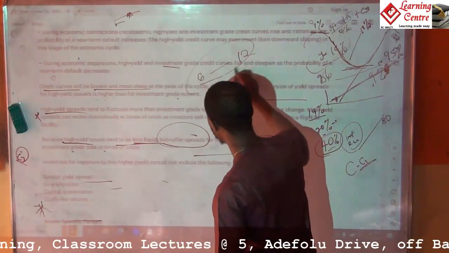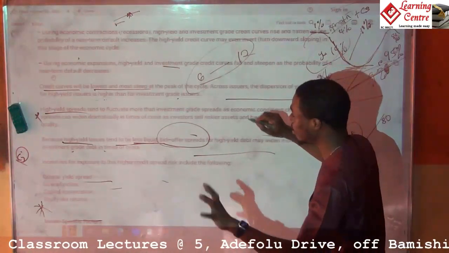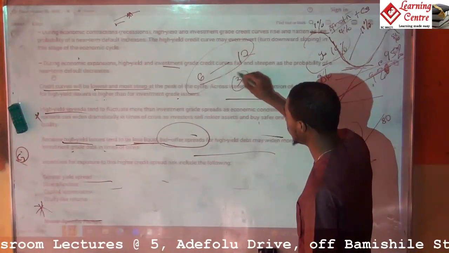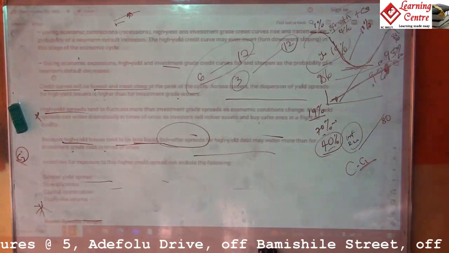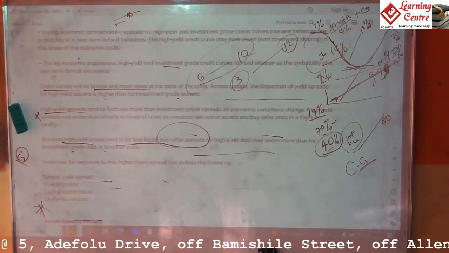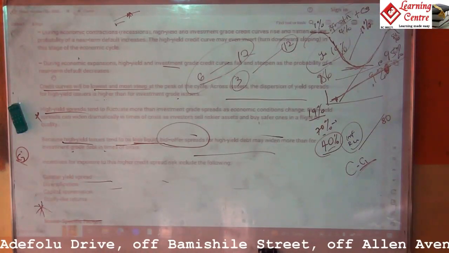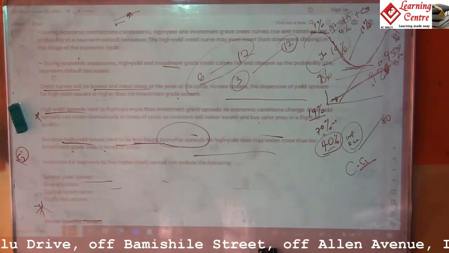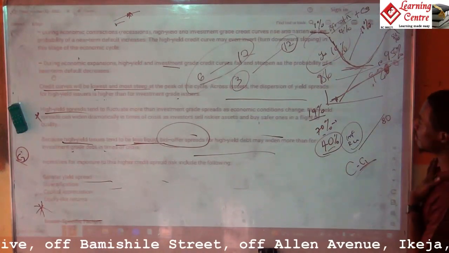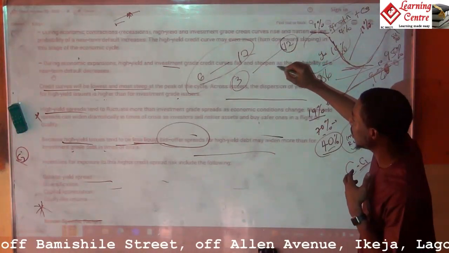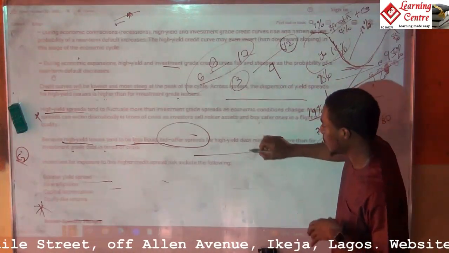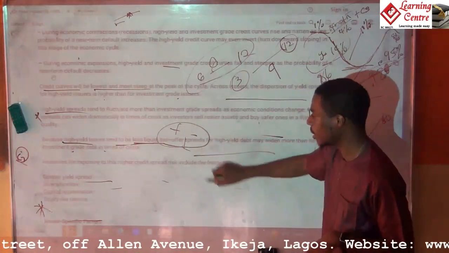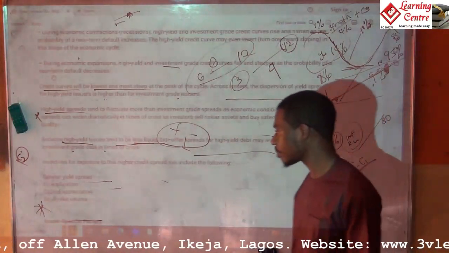For this high yield, people will say that I'm willing to buy only if you are willing to sell to me at 3. So this spread of 9 and spread of 6 is what we call the bid-offer spread.